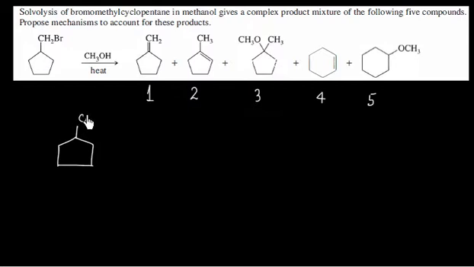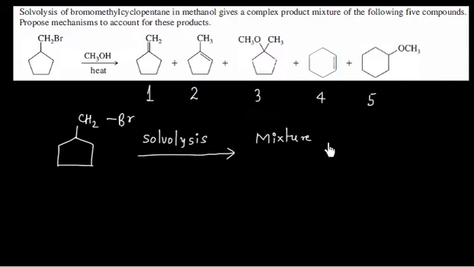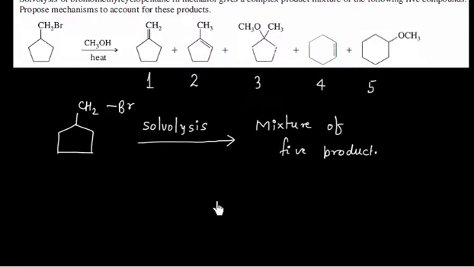So if we do solvolysis of this molecule, we are getting a mixture of 5 products. We have to predict the mechanism for the following 5 products.